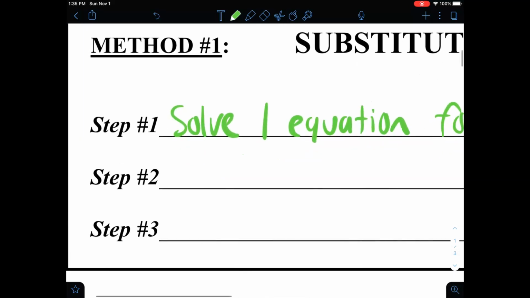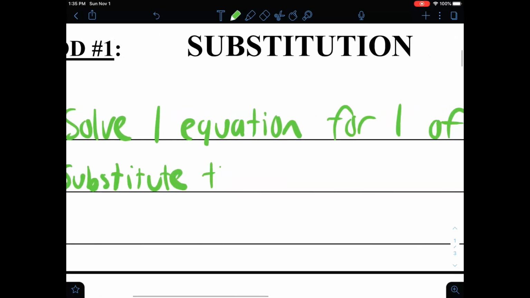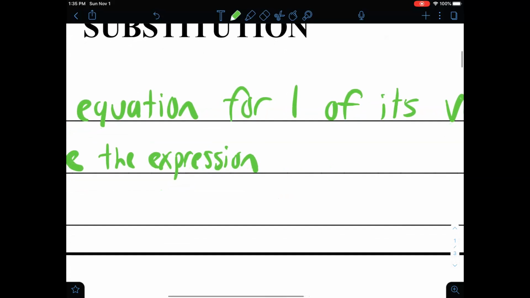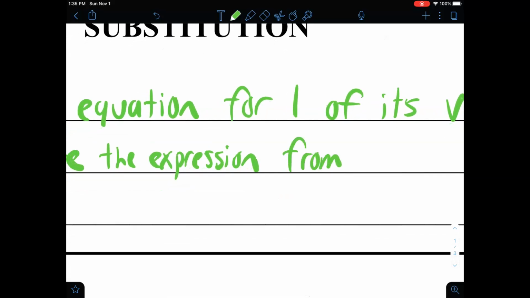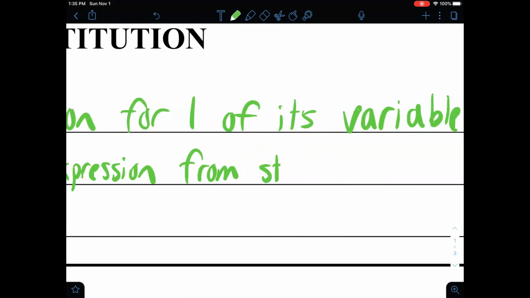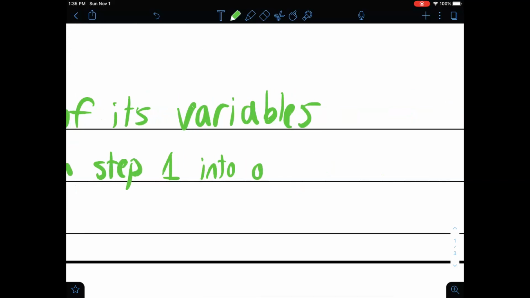Step 2 is substitute the expression from step 1 into the other equation. I'll zoom out in a second here so you can see everything.